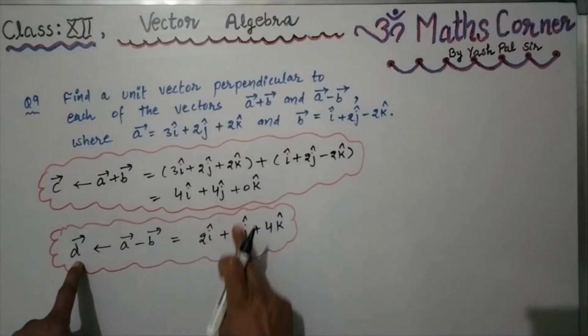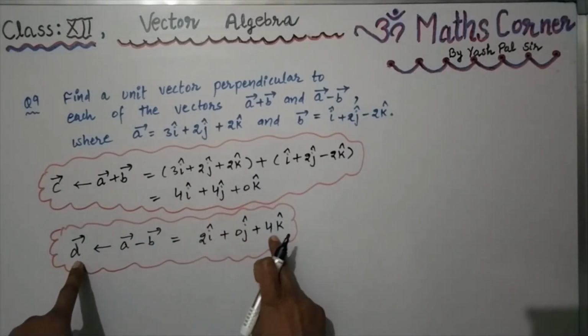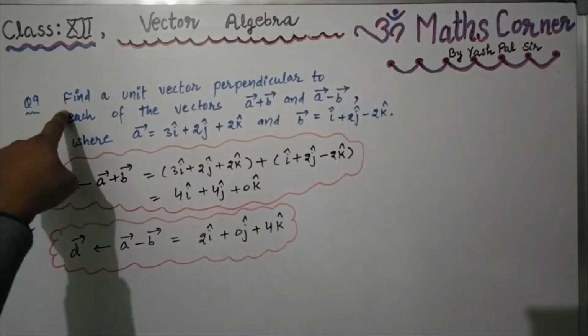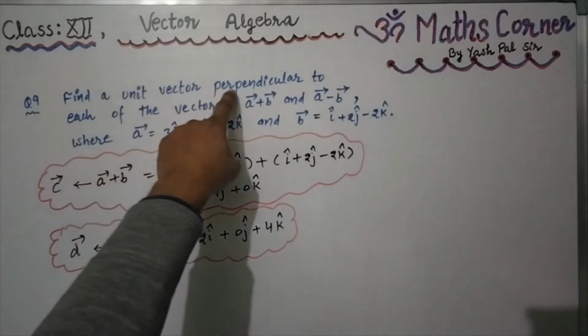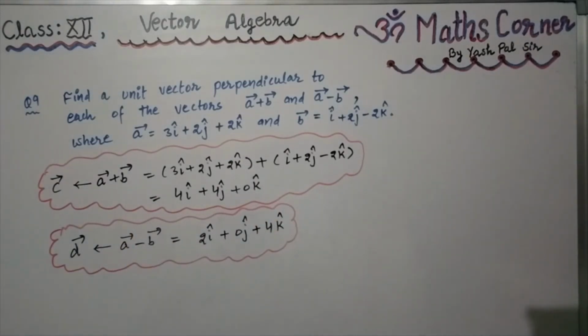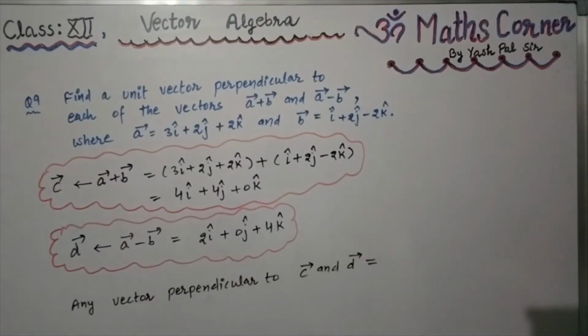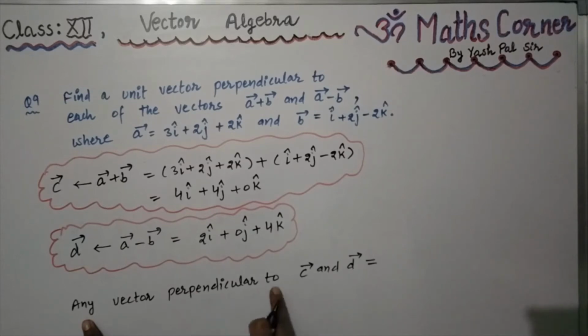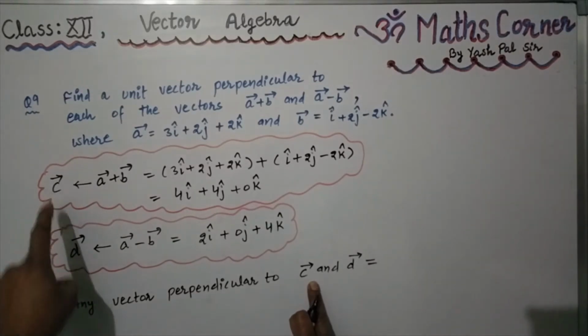So this is D vector. So C vector is 4i plus 4j plus 0k, D vector is 2i plus 0j plus 4k. Now the question is, find a unit vector which is perpendicular to this and this.